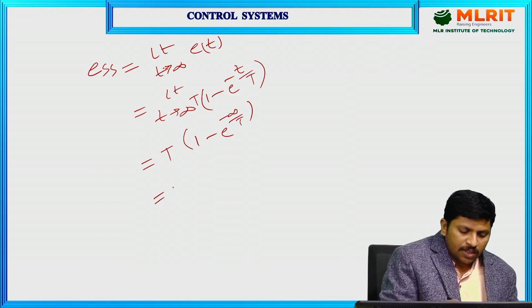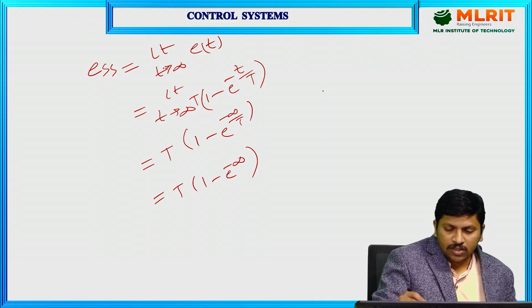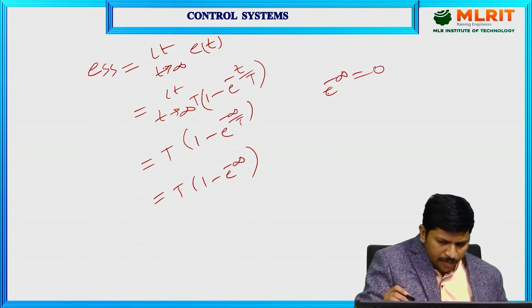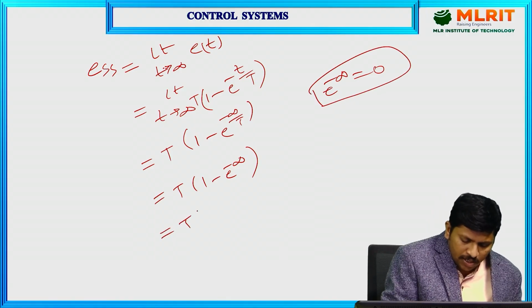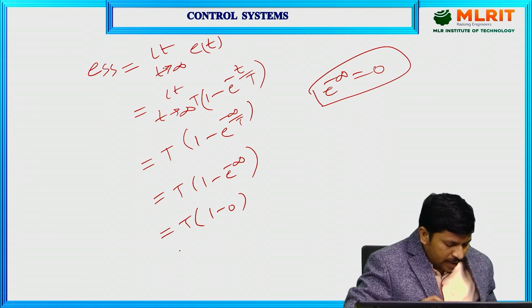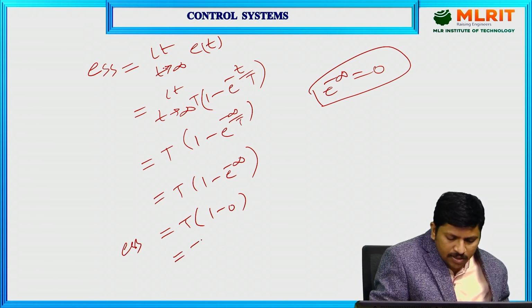Infinity divided by something is equal to infinity only. So 1 minus e power of minus infinity. Here e power of minus infinity equals 0. Substitute 1 minus 0, and you get the steady state error E_ss equals 1.